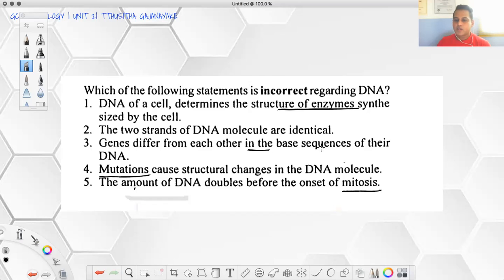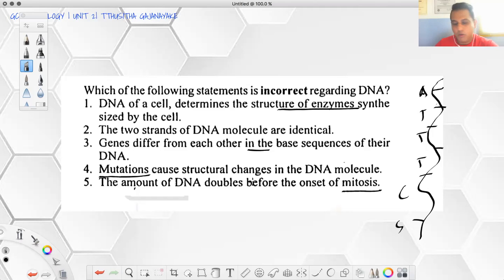Two strands are not identical because one strand is like this, adenine, thymine, cytosine, guanine, and the opposite strand again has thymine, adenine, guanine and cytosine.